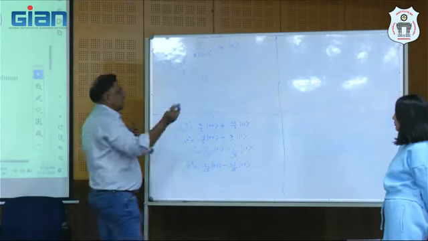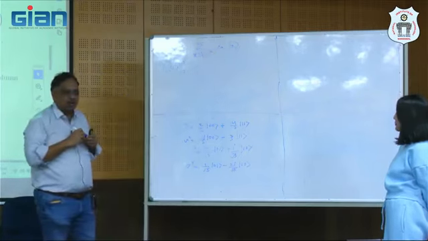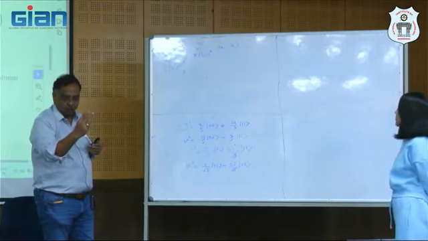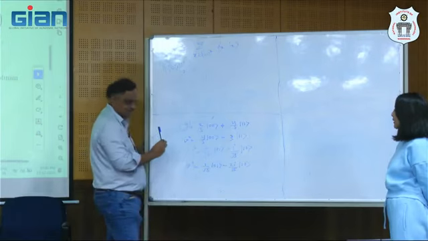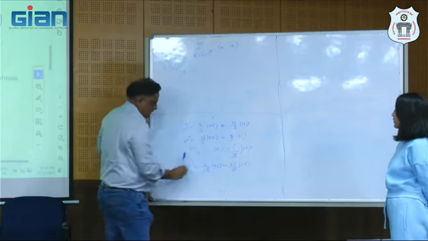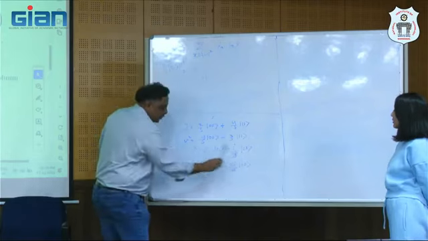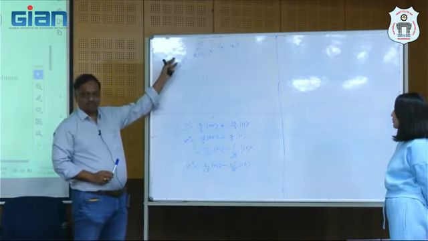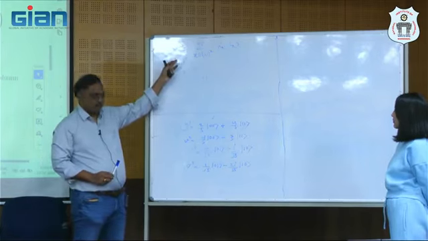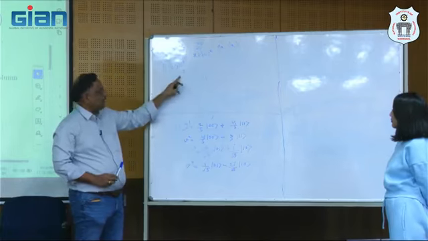In her case, n is 2. x is a string of length 2: 00, 11, 01, 10. Correct? It is in this form. Agreed? When it is in this form, how did we write the L2 norm here?